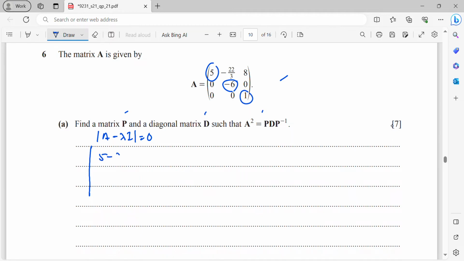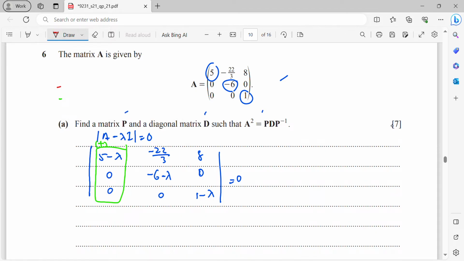So I get 5 minus lambda, 0, 0. Negative 22 over 3, minus 6 minus lambda, 0. 8, 0, 1 minus lambda. That equals 0. So from here, I will fix the first column, because there are two zeros. Then the sign for the first value is plus.